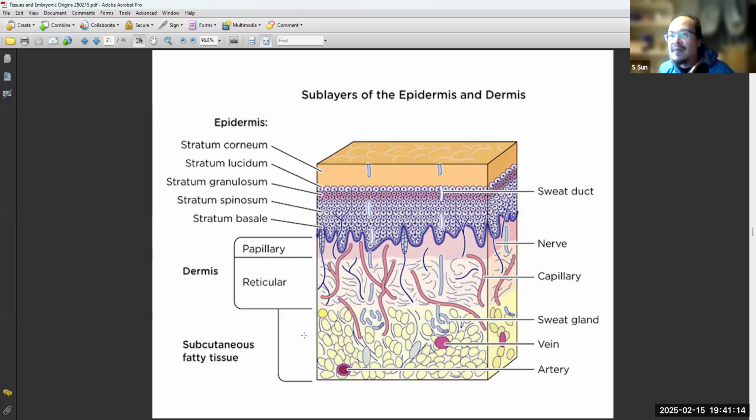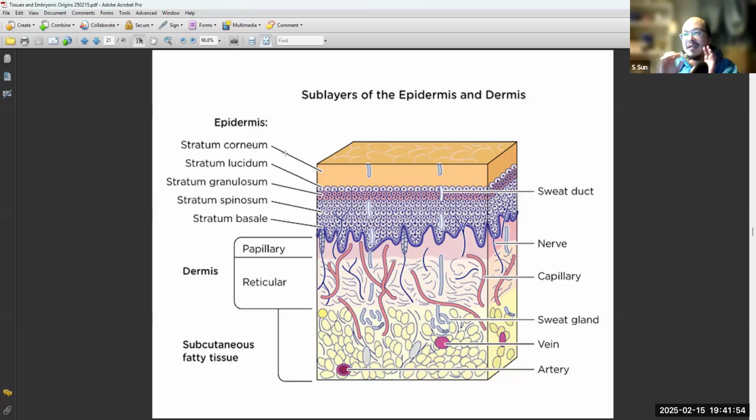Skin is an organ. Skin contains the connective tissue. You can see that cells are packed together. These are epithelium cells. They have multiple layers, including the stratum basale, stratum spinosum, stratum granulosum, and all the way up to the stratum lucidum and the stratum corneum.